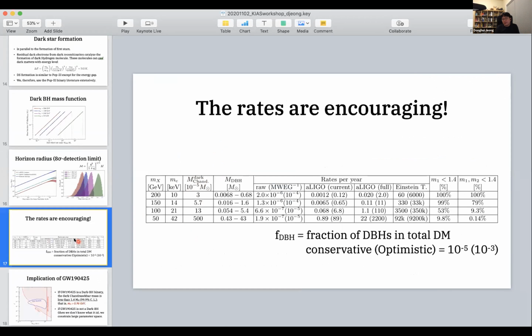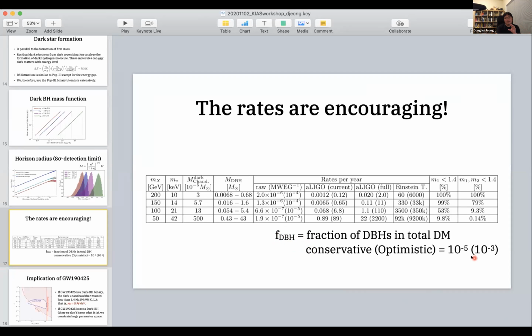That's right. It will make a stochastic gravitational wave background as well. I haven't looked at that particular case, but I think that's certainly a possibility. It's a challenge, I think, to make sure that you don't overproduce a background. Right, sure. And here, as I said, is f dark black hole, the fraction of dark matter that is locked in dark black holes. Just like not every baryon ends up in a star, not every dark matter particle ends up in a dark black hole here.